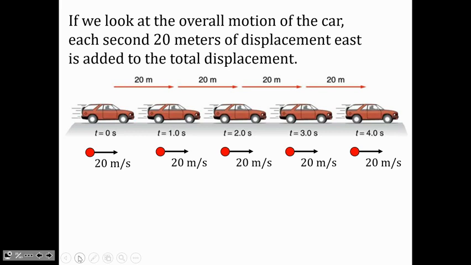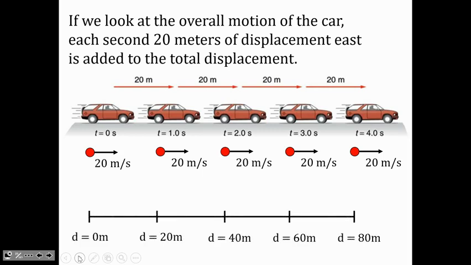If we look at the overall motion of the car for, let's say, 4 seconds of total motion, we can see that every second of its motion, it gains another 20 meters of displacement east. So every second, you add on an additional 20 meters of displacement. And every second, it covers the same displacement, 20 meters east, 20 meters east, 20 meters east.